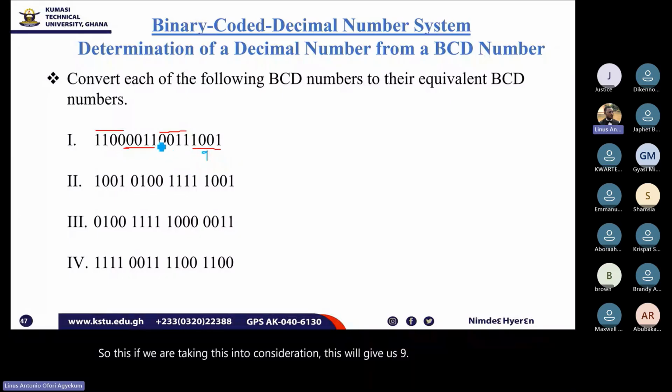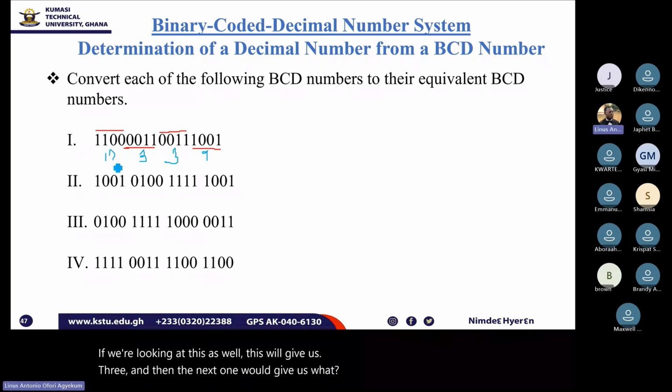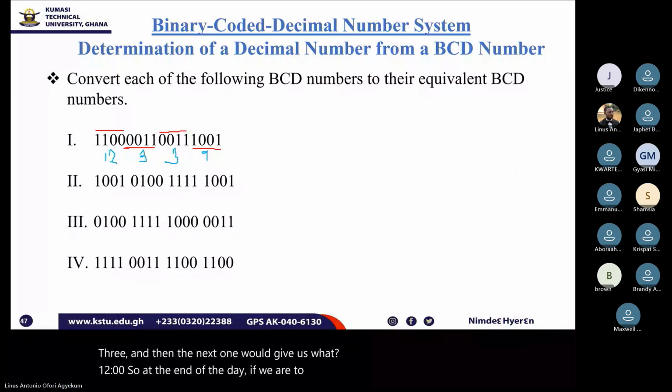If we're looking at the next one, this will give us what? 3. If we're looking at this as well, this will give us 3. And then the next one would give us what? 12.